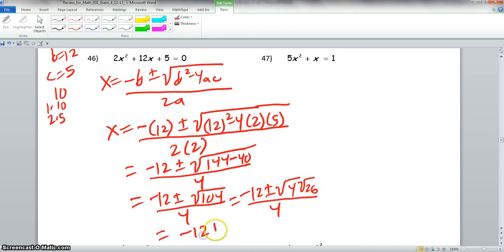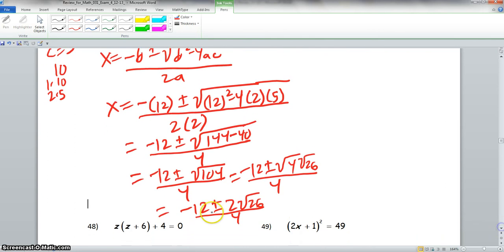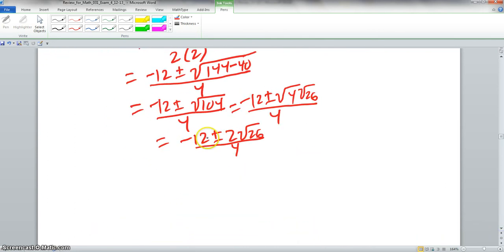So we would have negative 12 plus or minus 2 square root of 26 all over 4. Now if you look here at these 3 terms, they all have 2 in common. So we can divide all 3 of these terms by 2, and we have negative 6 plus or minus the square root of 26 all over 2. And that is the final answer.